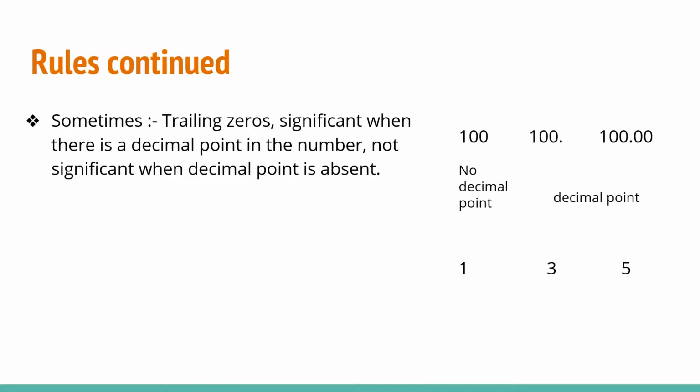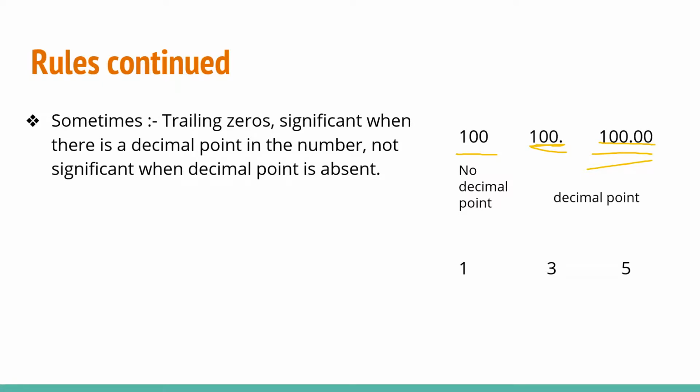Suppose you write 100 like this, 100, and then 100 with the decimal point, and then third, 100.00. All of them have the same numerical value. However, they have different numbers of significant figures.